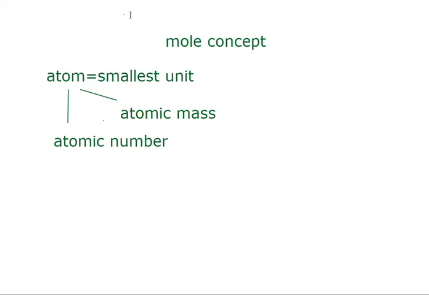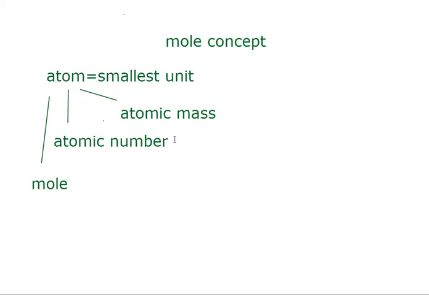And the third term which we are going to use to explain in this video is the mole. Now let us see what is the difference in all the three terms.